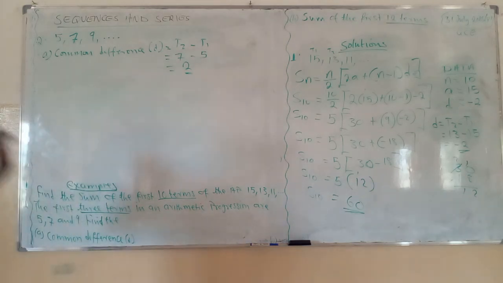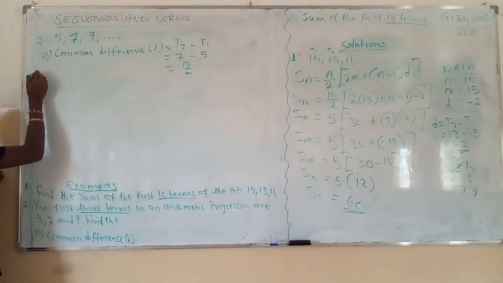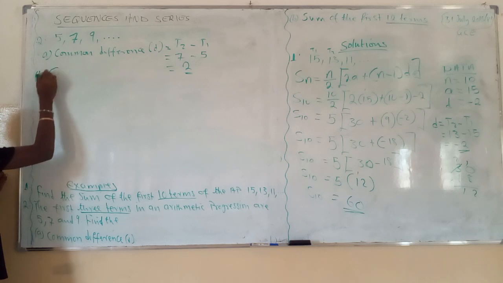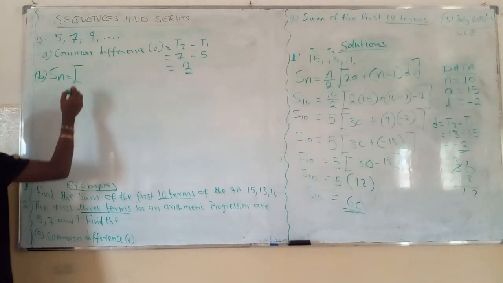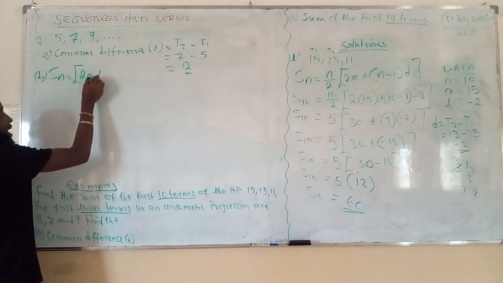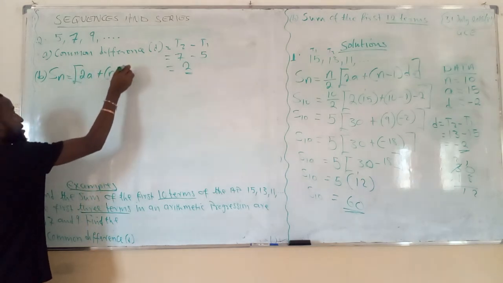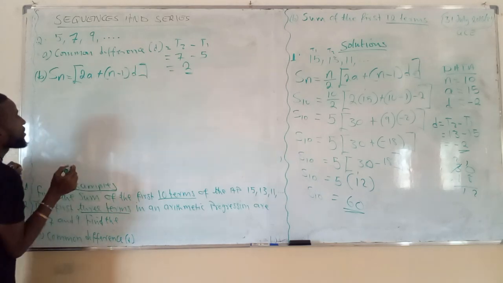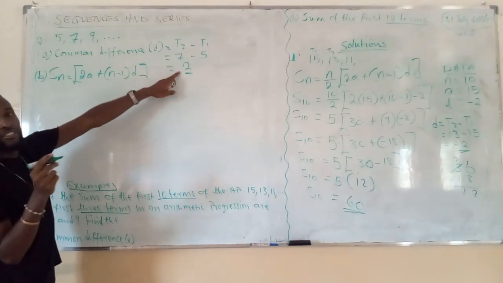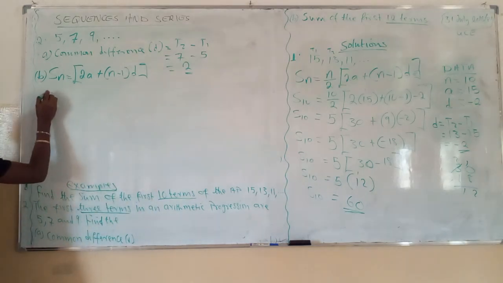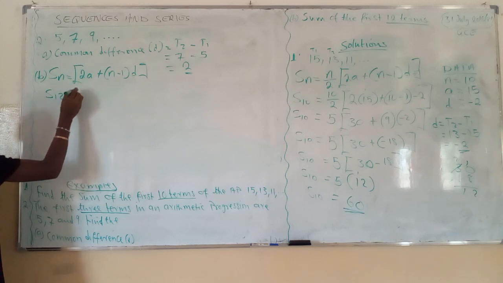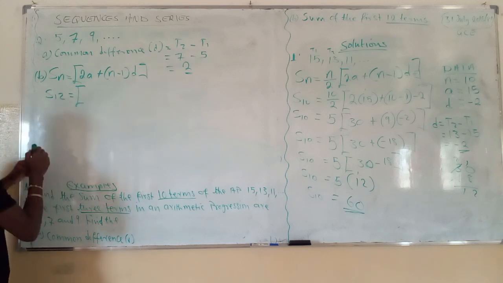Now let us find the sum of the first 12 terms. So now we move on to B. We write the formula first, so that we keep on reminding ourselves. We already know the common difference, so I don't need to worry anymore.